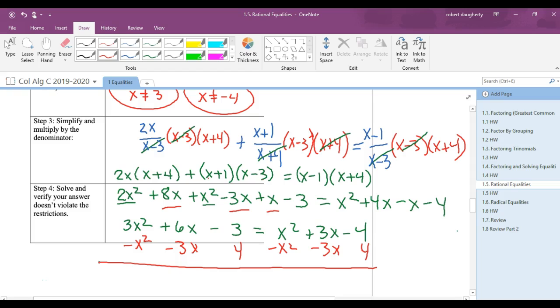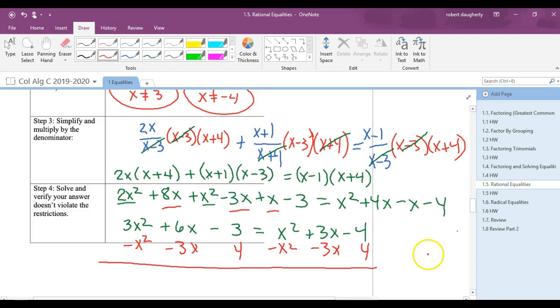I got to move all of this over to the left, okay? So do you want to do that in 3 different steps? I'm going to subtract x squared from both sides. I'm going to subtract 3x from both sides, and I'm going to add 4 to both sides.